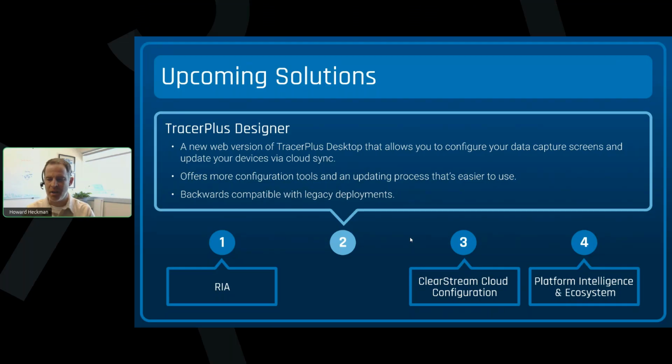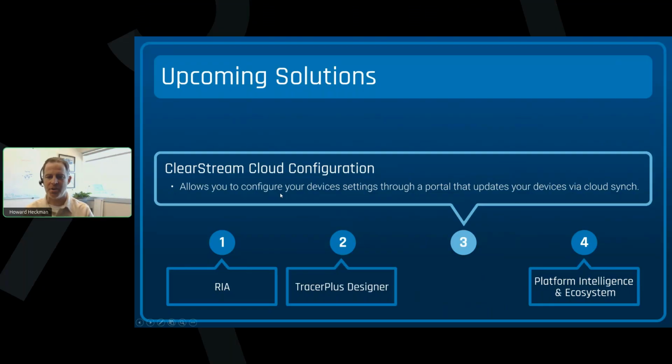Point 3 I have here in the next project after TracerPlus Desktop is actually converting our ClearStream configurations into the cloud as well. So again, the point of all of these, to the point of the webinar, is pull all of these products into our cloud so that it's kind of a one-stop place to go for configuration of the PTS cloud, TracerPlus Desktop as a designer for your mobile forms that get pushed out to iOS, Android, and Windows, and then ClearStream as well for those fixed applications where you have fixed RFID, BLE gateways, and things like that, fixed industrial scanners.